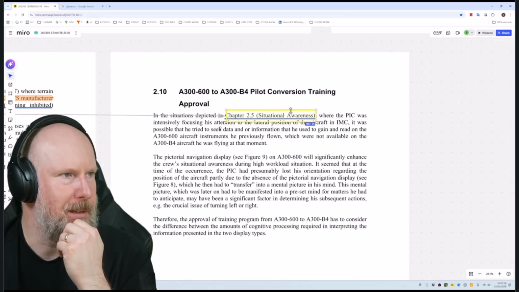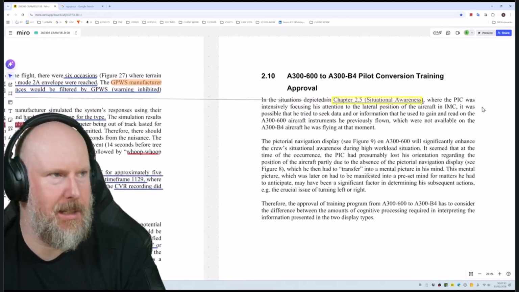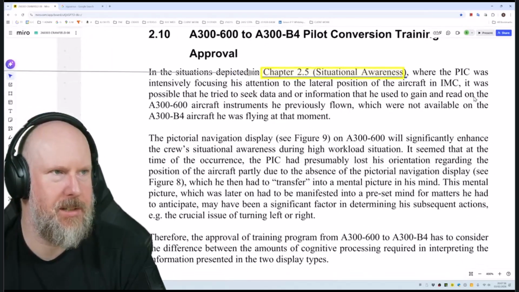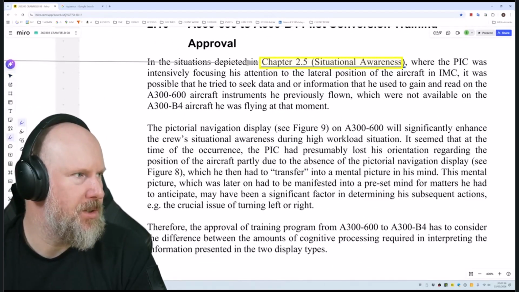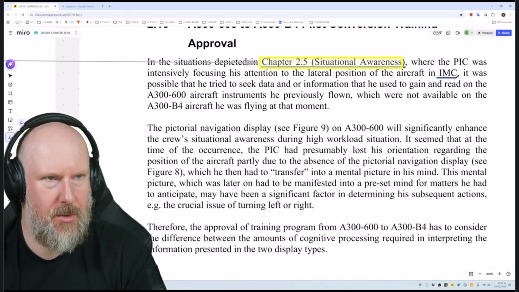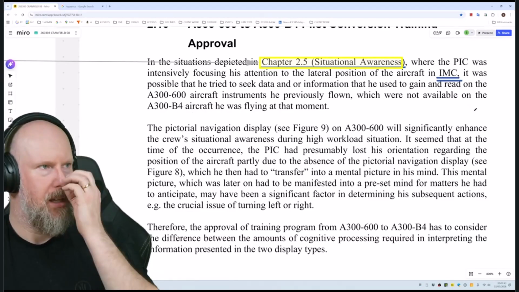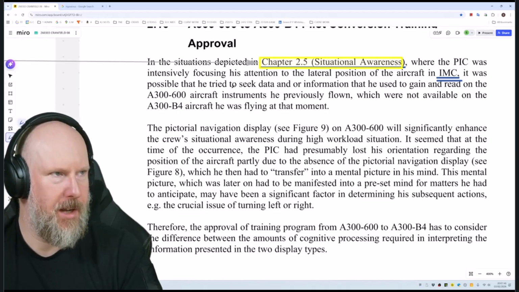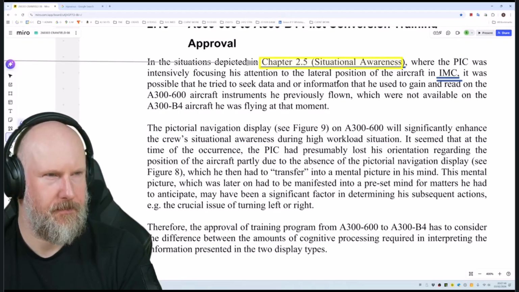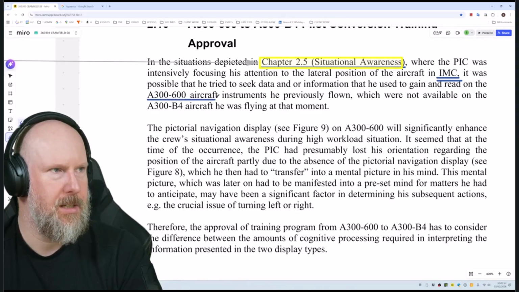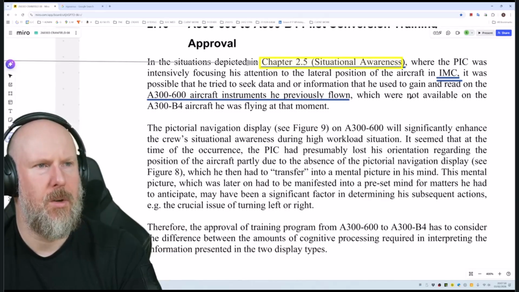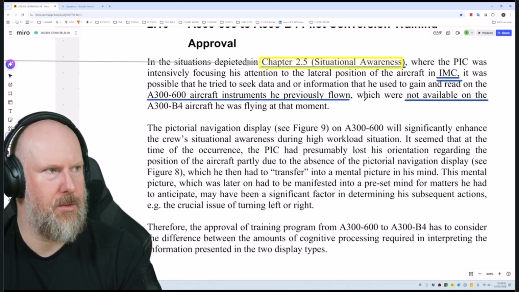Situational Awareness, what does that mean? There's a big discussion we could have about that. Anyway, where the pilot in command was intensely focusing his attention to the lateral position of the aircraft in instrument meteorological conditions, it was possible that he tried to seek data and/or information that he used to gain and read on the A300-600 aircraft instruments he previously had flown, which were not available on the A300-B4 aircraft he was flying at the moment.